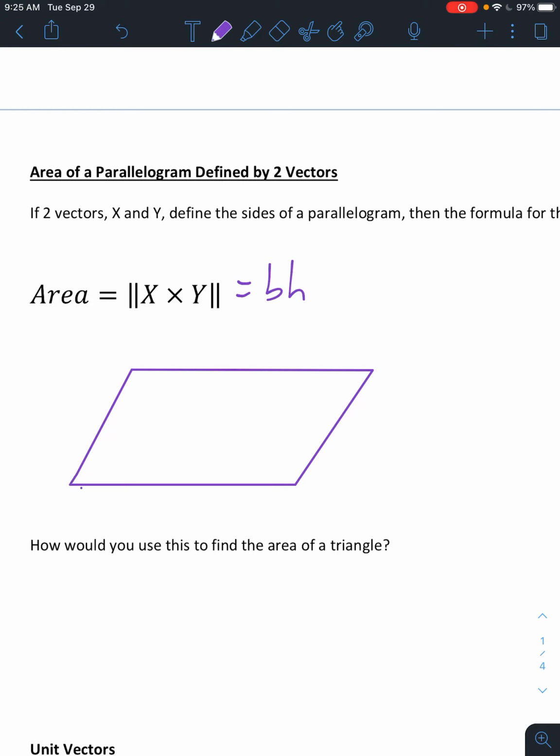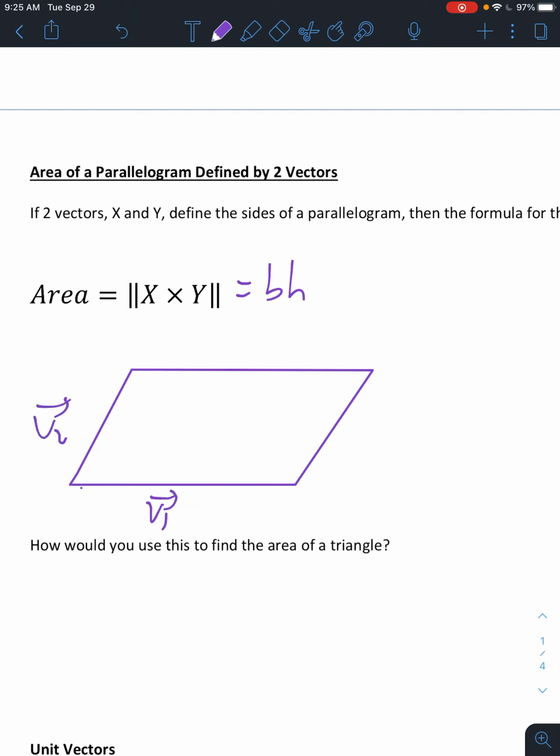In this parallelogram, we'll call this vector v1 and this vector v2 over here.